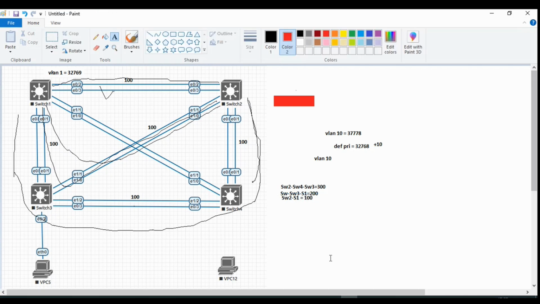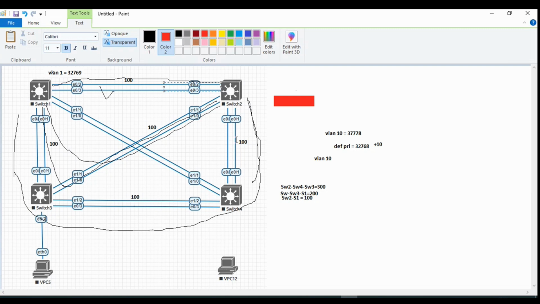I said that if this switch wants to make a root port election, the switch must have the lowest path cost to the root bridge switch. And you see this link has the lowest cost compared to link 1, link 2 and link 3. This path has 300, this path has a cost of 200, and this path has 100. It's the lowest path, so this is the reason it becomes a root port.